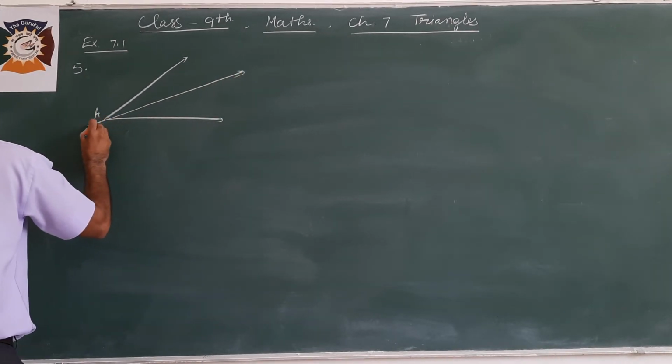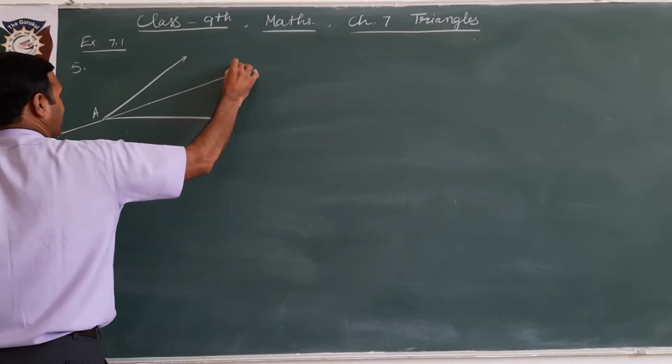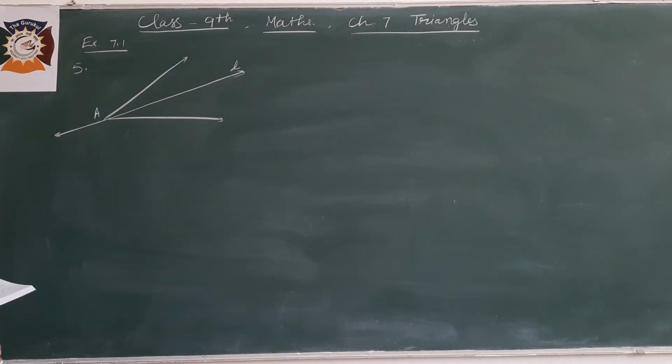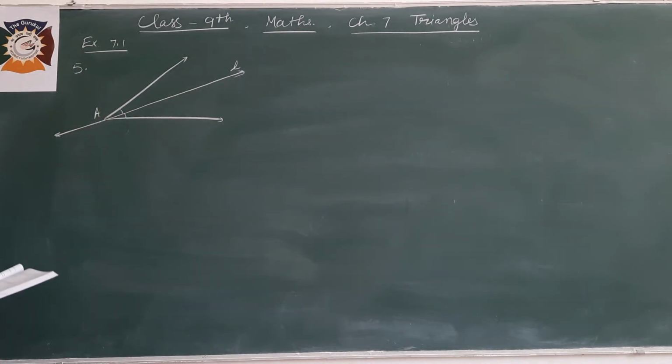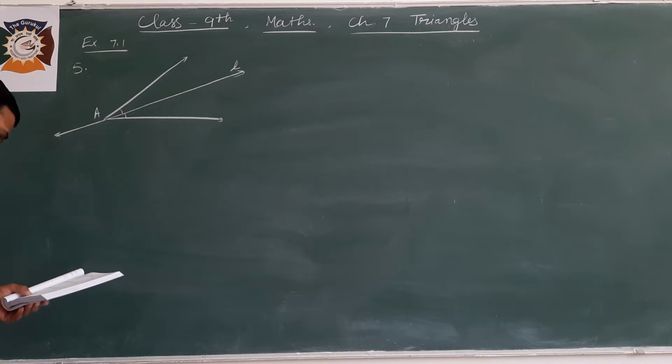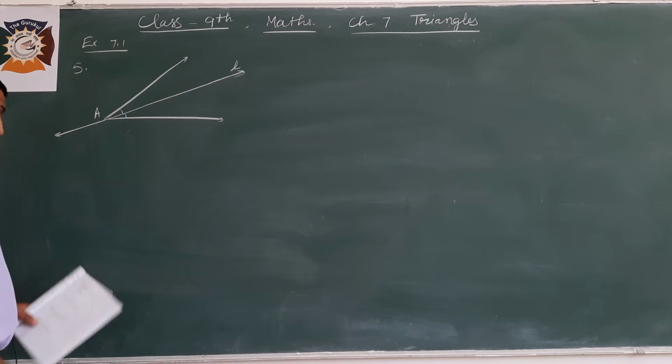This is the bisector, the line L. These two angles are equal. B is any point on L. BP and BQ are perpendiculars.